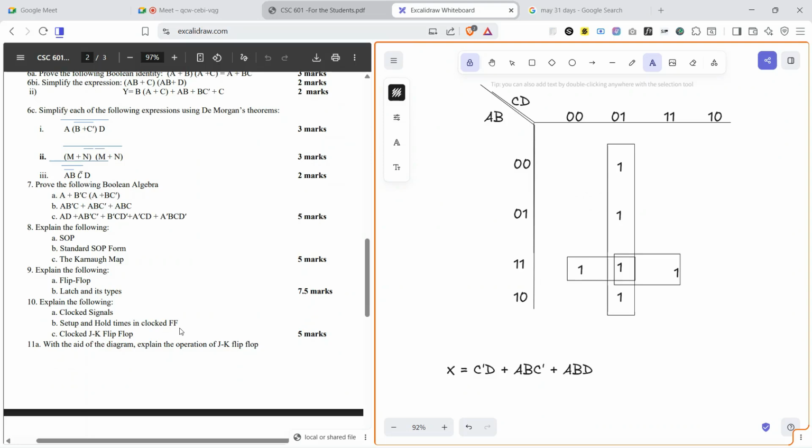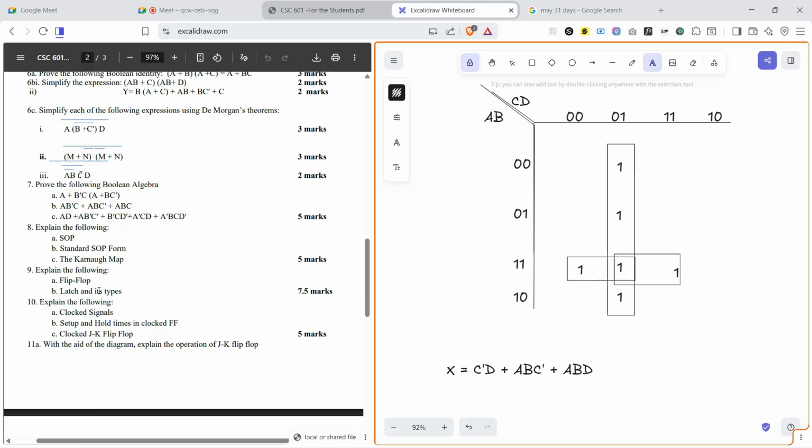But flip-flops are called sequential circuits, where a memory is added to a combinational circuit. So it means a flip-flop has a memory that retains the previous information that you have. But flip-flop and latch are closely the same, but there is a difference between them.